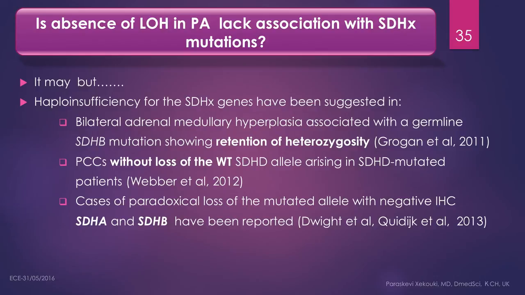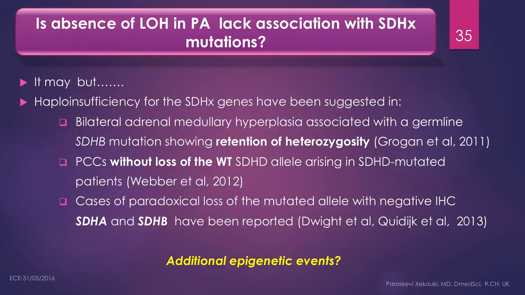Cases of pheochromocytomas due to SDHD mutations presented without loss of the wild type allele, and also cases of paradoxical loss of the mutated allele with negative, though, immunohistochemistry for SDHA and SDHB have also been reported. So the question that we raise is, are there any additional epigenetic events?